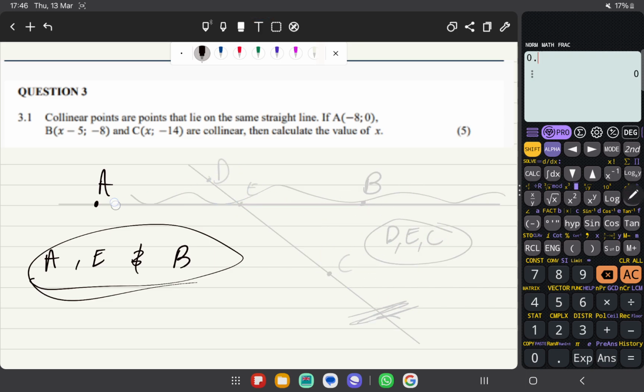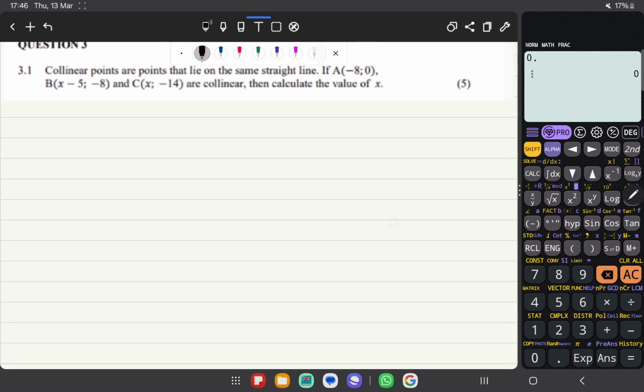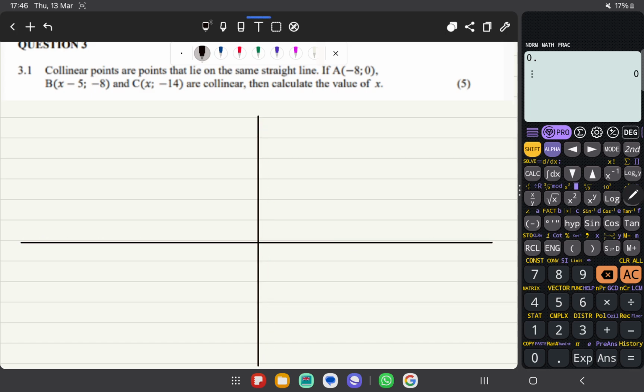So here they are saying that we have these points A, B, C. Let me draw my Cartesian plane and some points in there. We have point A, which is (-8; 0). I think it's going to be somewhere here, A. I don't know what B is going to be, and C, but for C I can guess, since it's -14, probably X and -14.